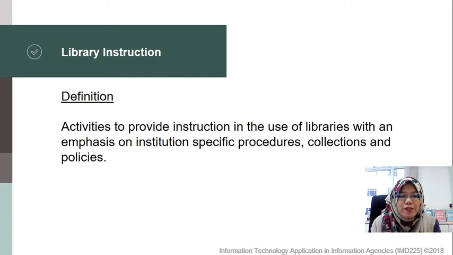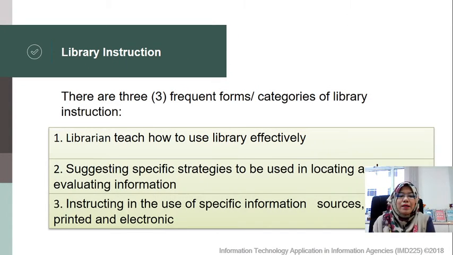Next is library instruction. It's activities to provide instruction in the use of libraries with emphasis on institution-specific procedures, collections, and policies. There are three frequent forms or categories of library instruction. The first is the librarian teaching how to use the library effectively, then suggesting specific strategies to be used in locating and evaluating material and information.